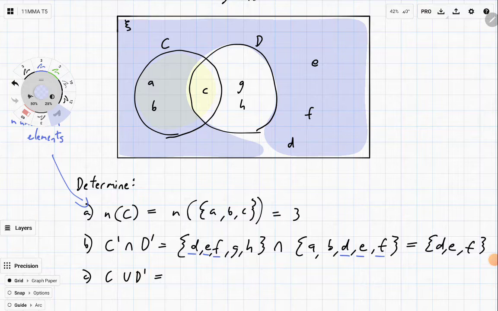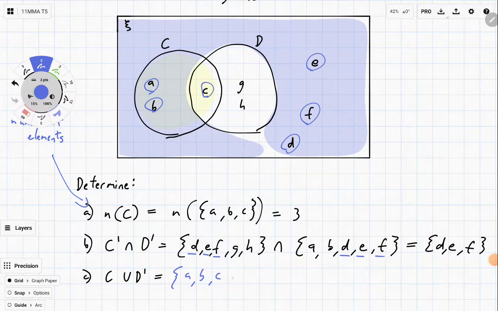Now, with the OR operator, we are going to touch everything that's highlighted, regardless if it's double highlighted or single highlighted. So in this case, that is a, b, c, d, f, and e. Because either they've got to be in not D, or they've got to be in C. So in this case, the answer would just be a, b, c, d, e, and f. Those are all of the elements there.